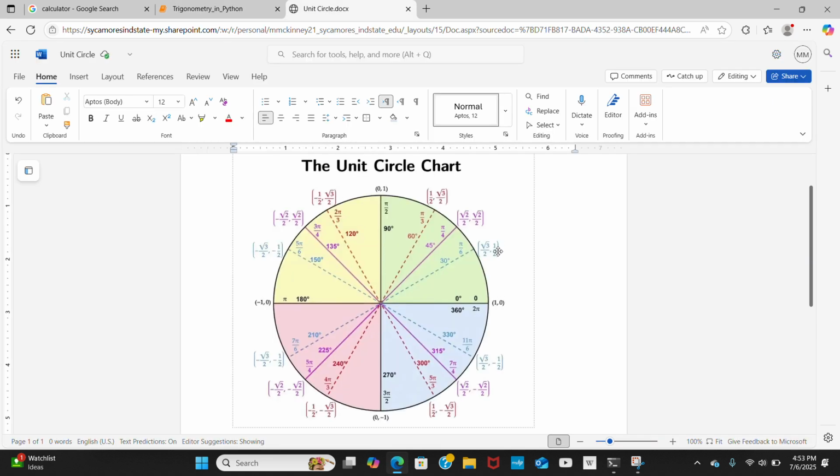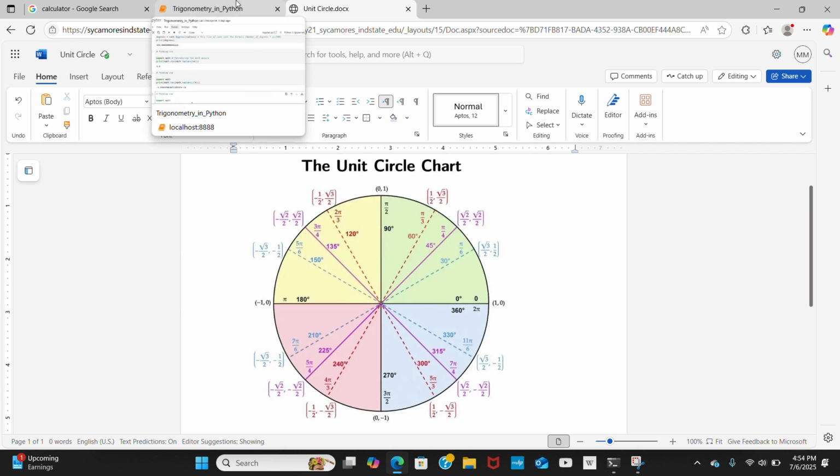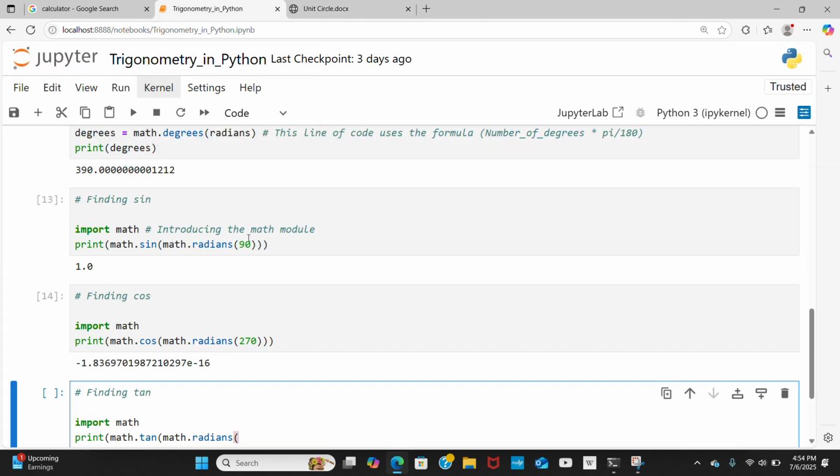Tangent is sine over cosine. Suppose we want to find the tangent of 150 degrees, or negative 1/2 over negative square root of 3 over 2. So we're going to find the tangent of 150.